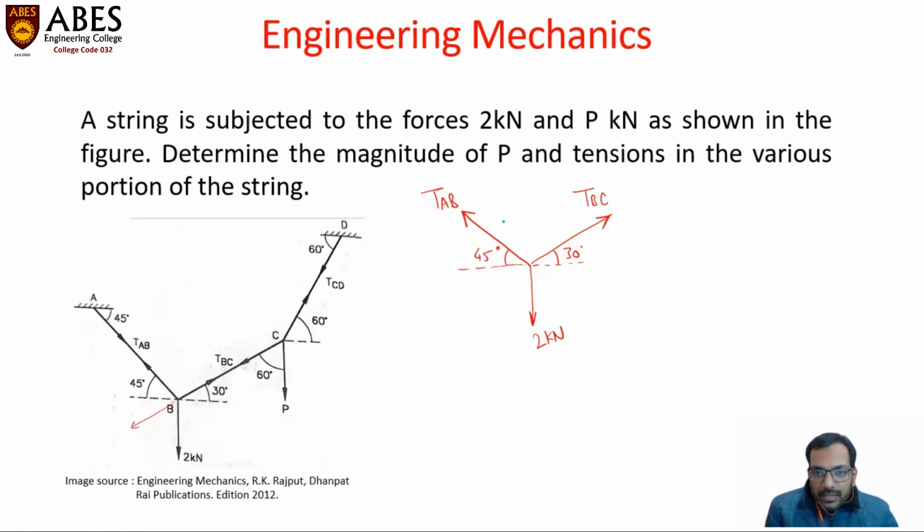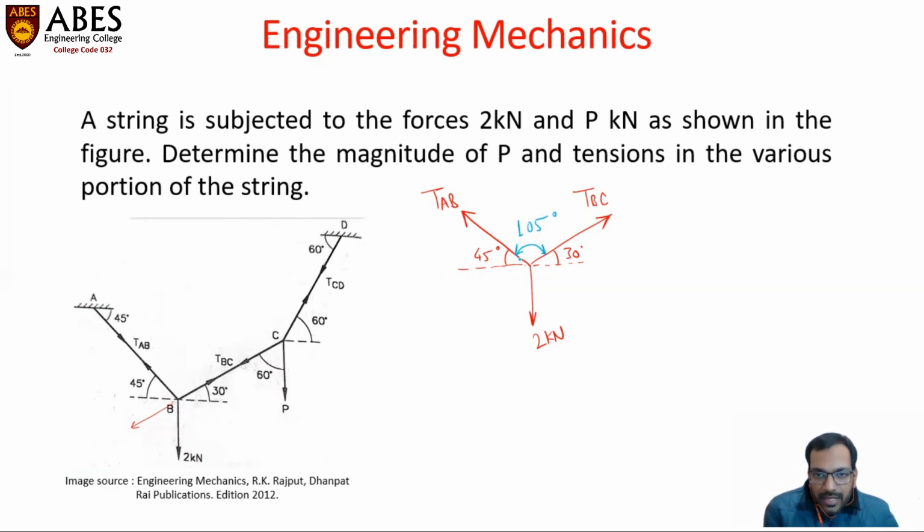The value of this angle, the angle between TAB and TBC, this will be equal to 180 minus 45 minus 30 degrees. And this will be equal to 105 degrees. Okay, which is equal to 180 minus 45 minus 30.